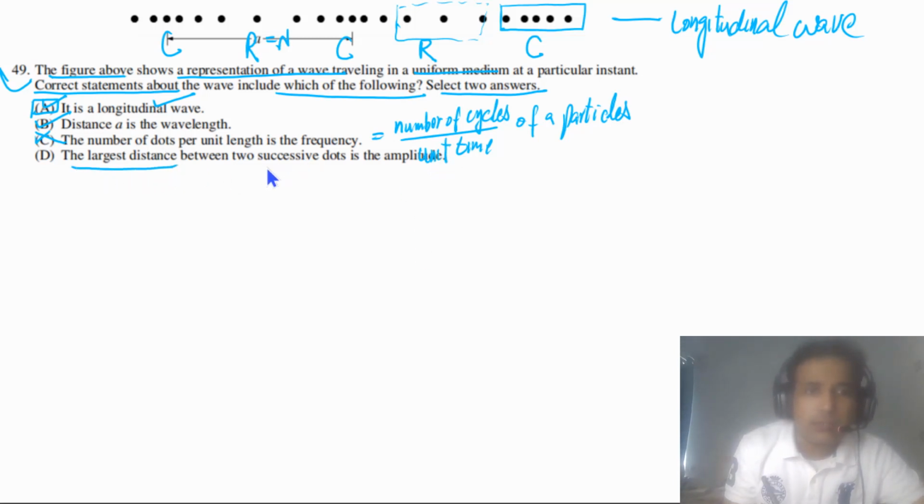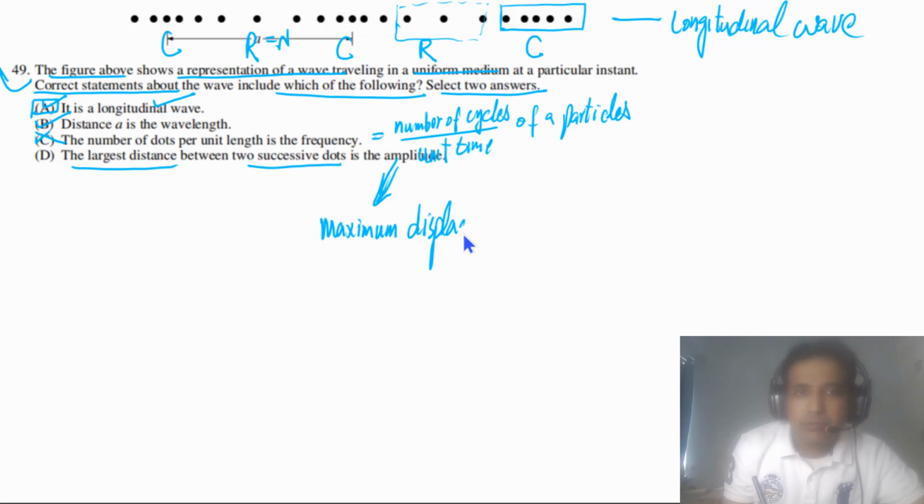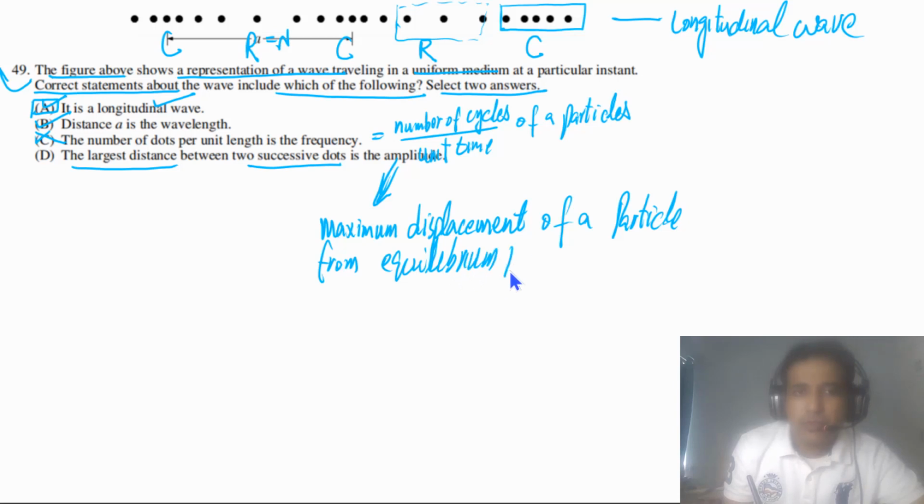The largest distance between two successive dots is the amplitude. No, amplitude is the maximum displacement of a particle from equilibrium. Very important, the maximum displacement of a particle from its equilibrium position, or we can say from rest.